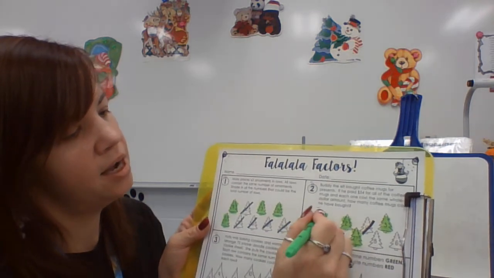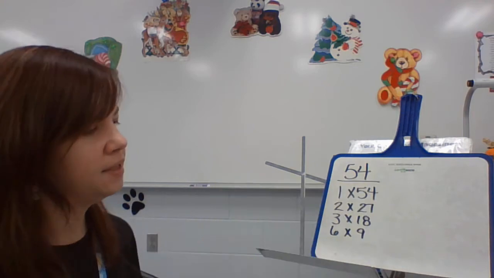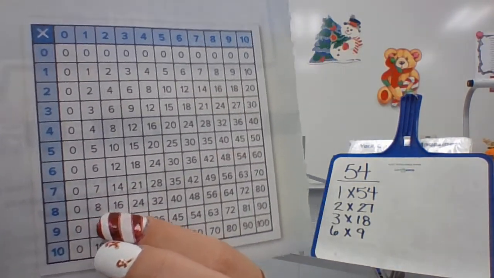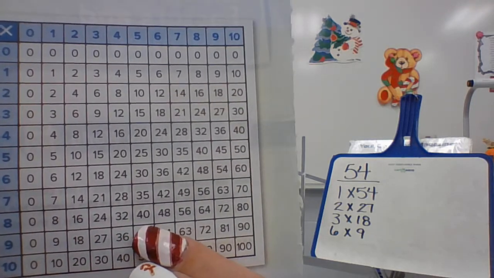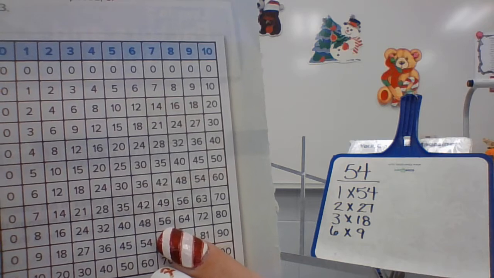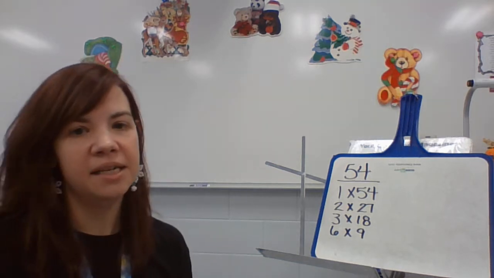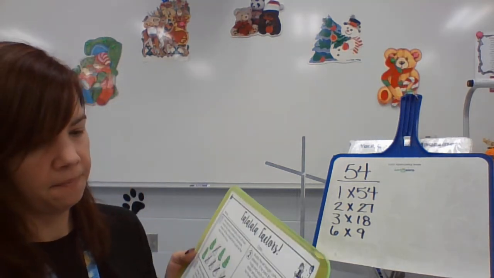So there's my 9 to color in. There's 6. And all that I have left is 8. So let's check our 8s. Make sure. There's our 8, 8, 16, 24. Okay. Well, there's 56, but there was no 48. Okay. So that means 8 is not a possibility.